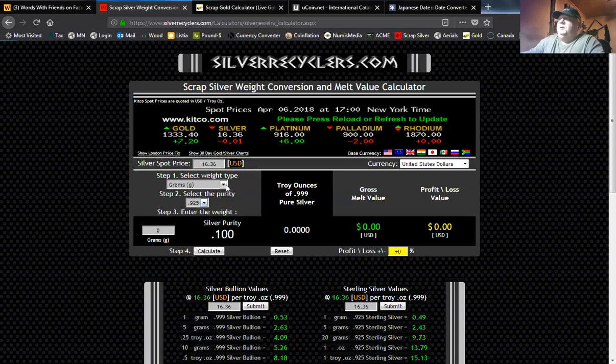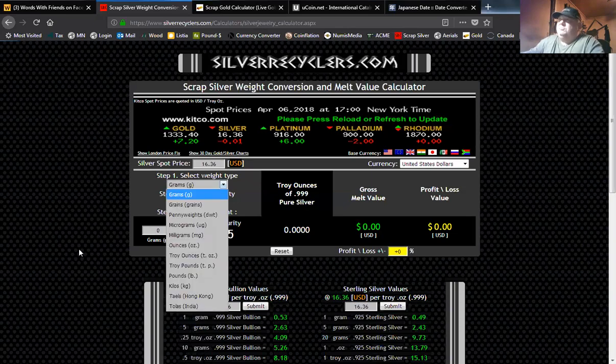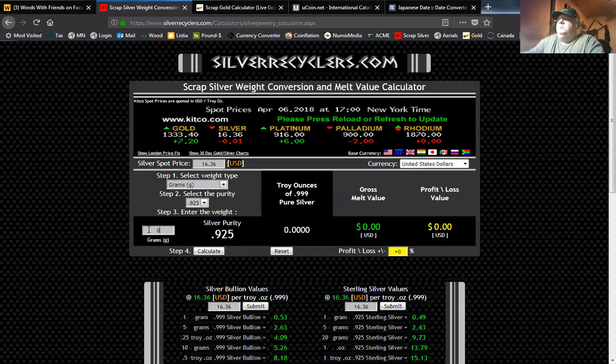And we're going to do it in grams. Most rings I see, silver, small rings to big rings, range from 2 to 6 grams, 2.5, 5.3. So we'll do 5.3 grams. And this will calculate the ring itself and what the value is.